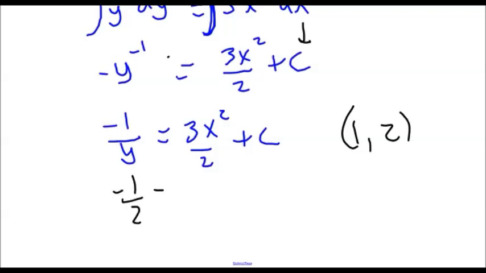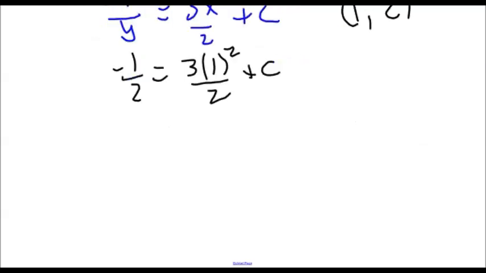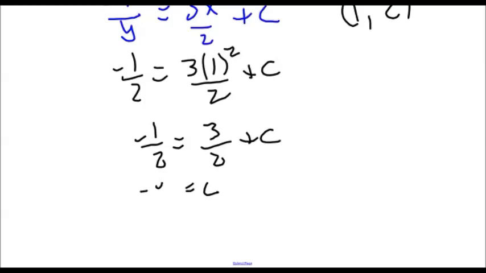I get negative 1/2 equals 3 times 1 squared over 2 plus c. And then what I've got is negative 1/2 equals 3/2 plus c. And so that tells me that c is negative 4/2, or c is negative 2.